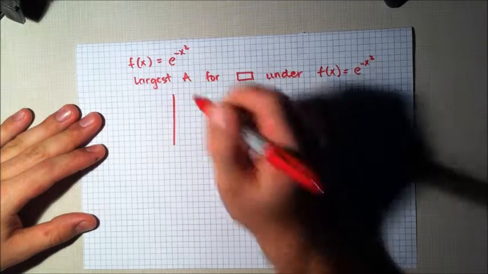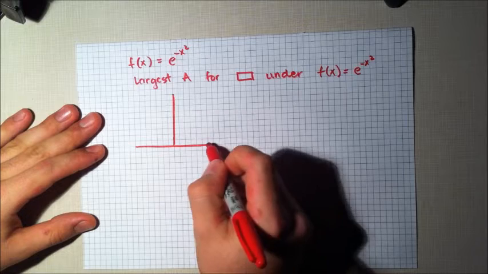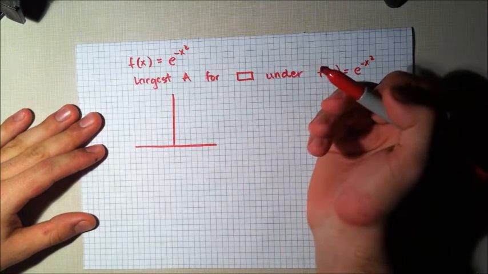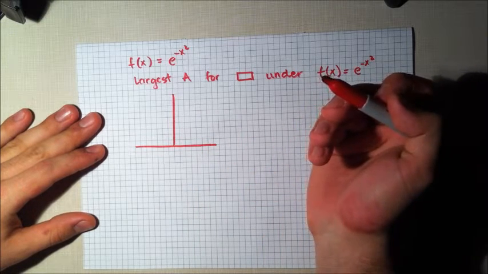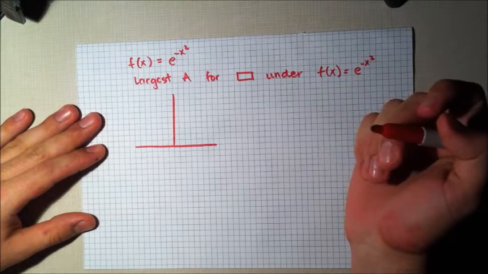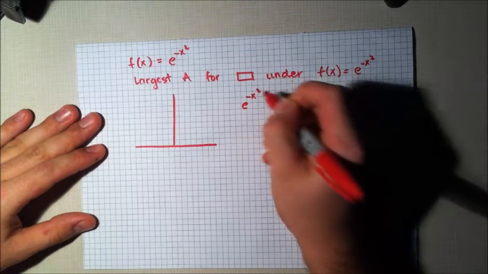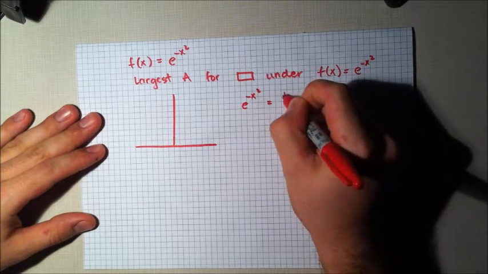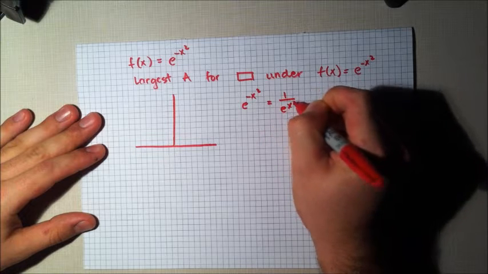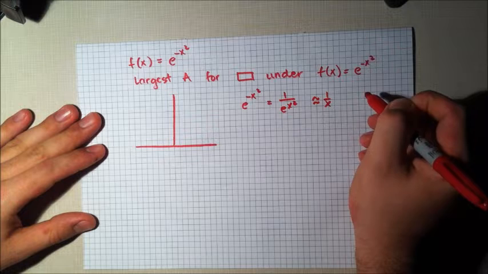If we decide to plot the graph of this in some kind of mathematical software like Wolfram Alpha, and even by just using some logic, we're going to see that because it's e to the negative x squared, it could also be written as 1 over e to the x squared, which makes this similar to 1 over x.